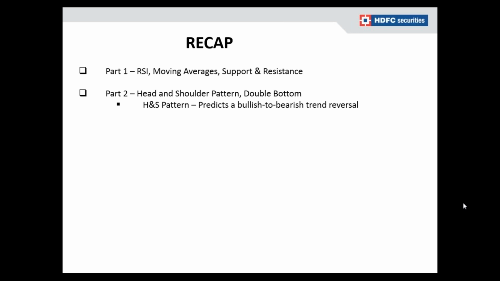It had two shoulders and a peak that was known as the head, and there was a neckline. The stock was already in a bullish trend, but the moment it falls below the neckline, it becomes bearish.